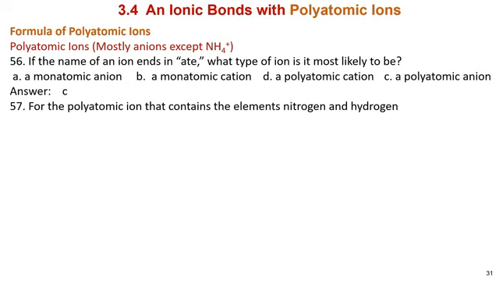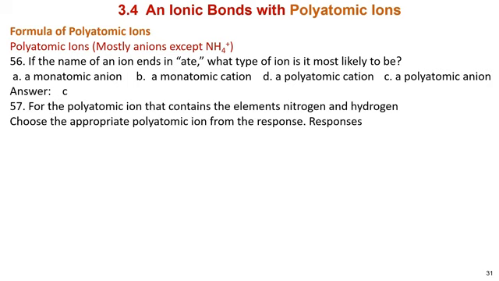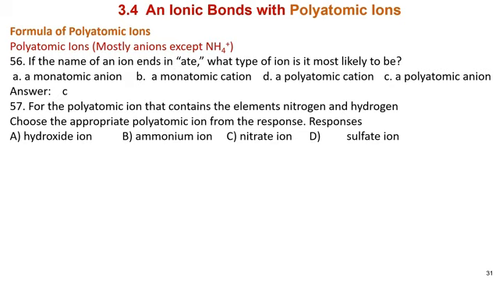OH is the same as chloride. Only ide is for the polyatomic containing the elements nitrogen and hydrogen. The polyatomic ion between nitrogen and hydrogen is the ammonium ion, NH4. It is the only positive polyatomic ion. B is the correct answer.